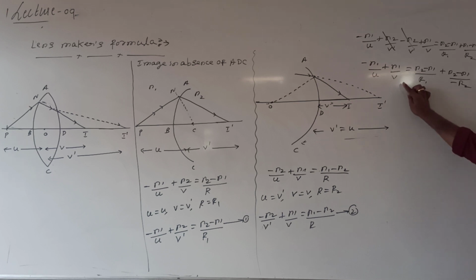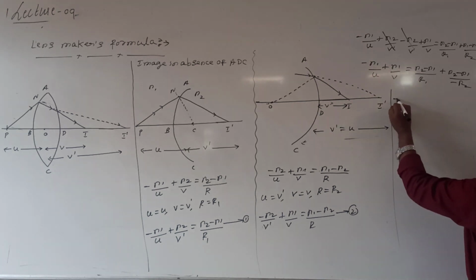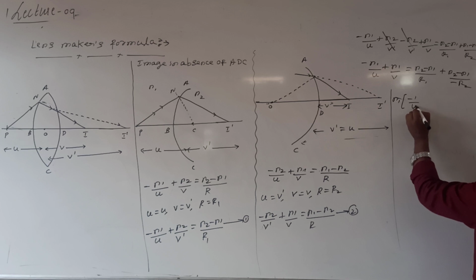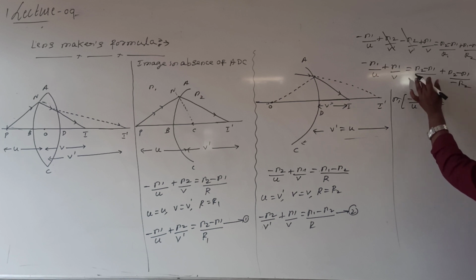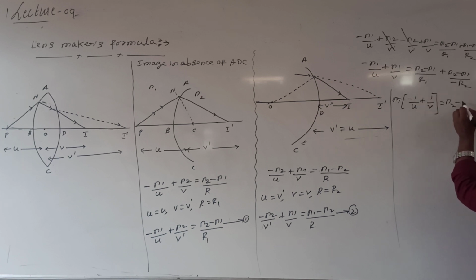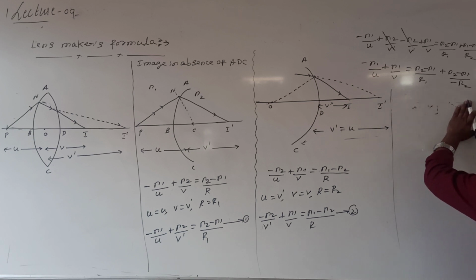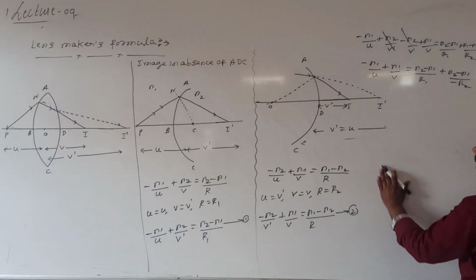Then here what is common? N1 is common. N1 common means, look at me here, how to write? N1 divided by minus 1 divided by U plus 1 divided by V. Right. Here what is common? N2 minus N1 is common.